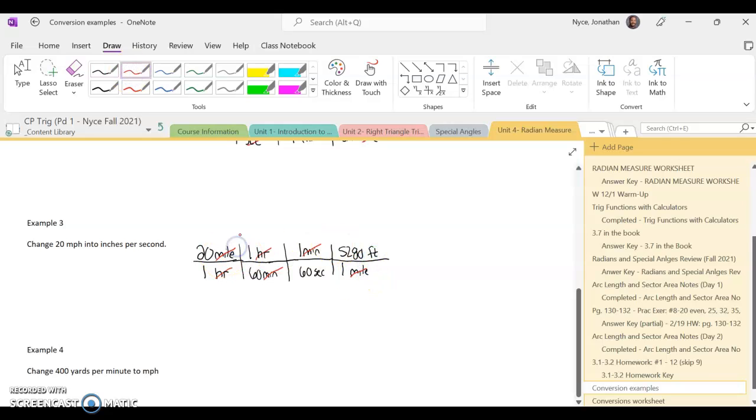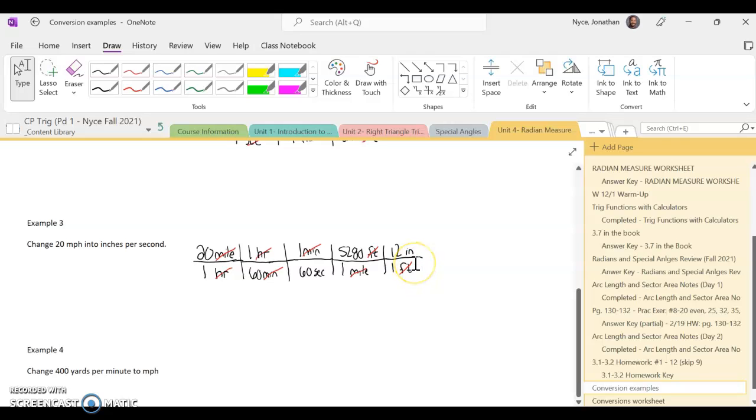So miles cancel. I want inches yet. So from above, we know that 1 foot is 12 inches. So now your feet cancel. And notice what you're left with in terms of units. Up top, you have just inches. On the bottom, you have just seconds. So we're going to get inches per second.